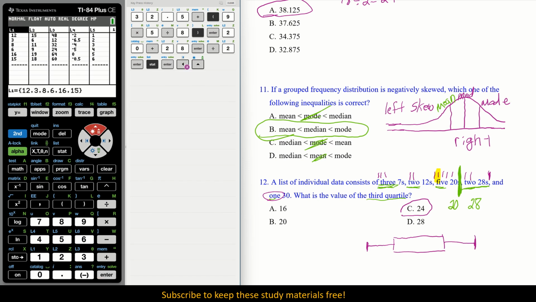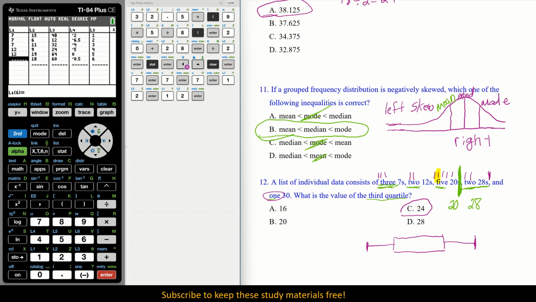So we could go ahead and do that with the calculator just to verify my tallies and how I did it. I shortcutted. Was my shortcut a good method? Maybe, maybe not. Okay. So we need 3 7s. So I have 1, 2, 3. Now we need 2 12s. Put those in.